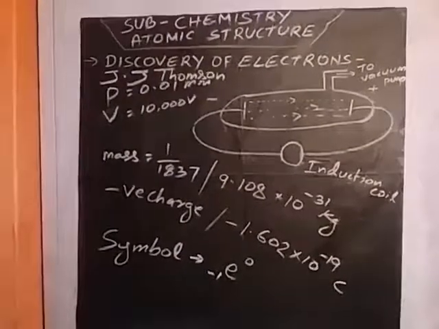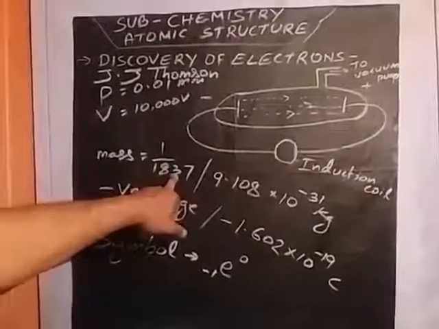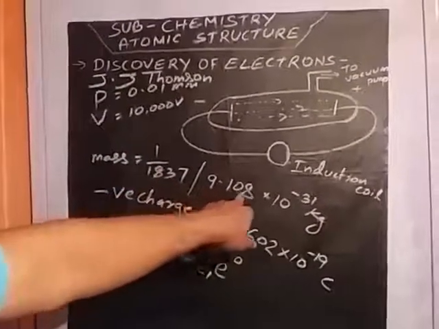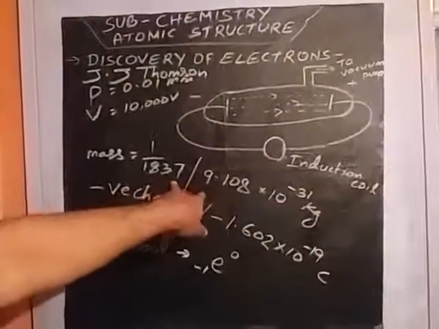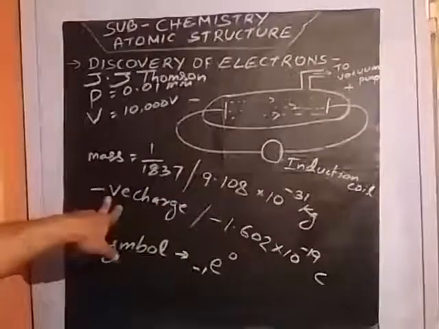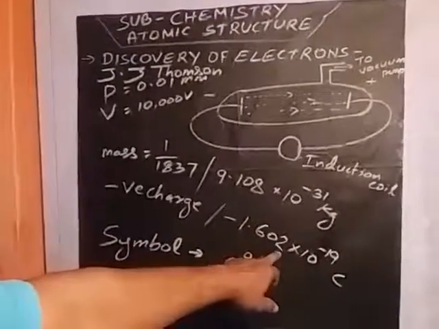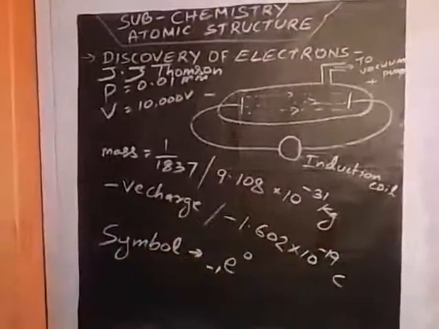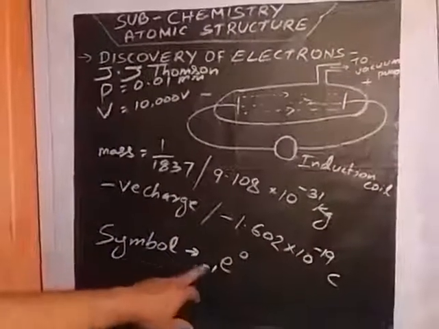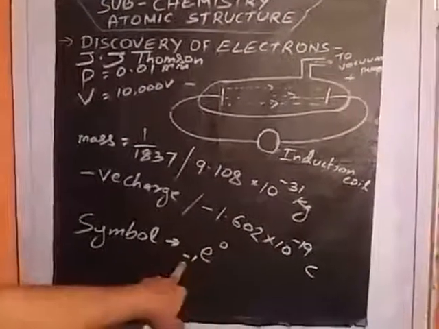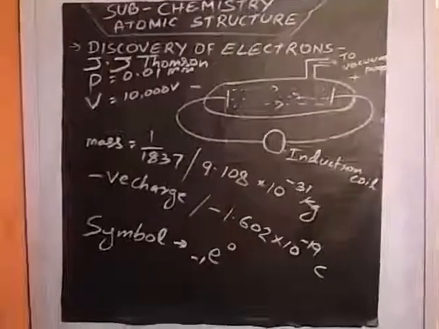Its mass is 1 by 1837 or 9.108 × 10^-31 kg, which is very negligible. But its charge is negative, in coulombs, -1.602 × 10^-19 coulomb, and the symbol is e. Their charge is negative, and their mass is negligible.